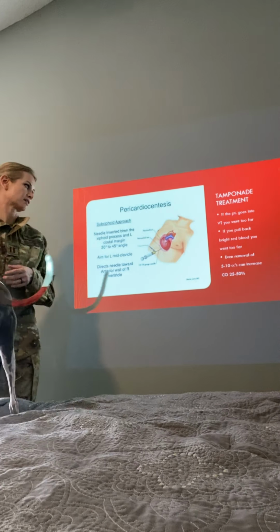So, penetrating chest trauma. As we talked about in the trauma lecture, if you have some kind of projectile penetrating, you want to stabilize it. You're not going to go pulling it out, because the chances of causing more harm than good in doing that are pretty high.